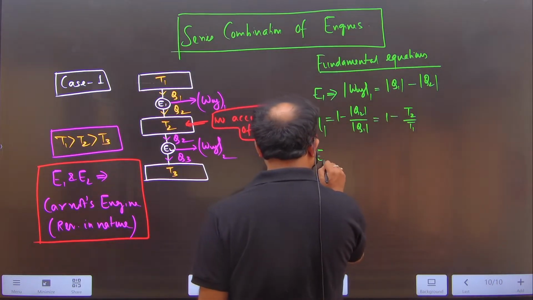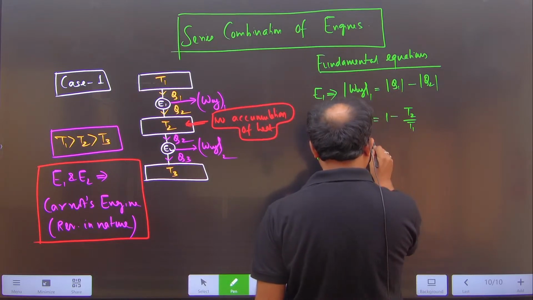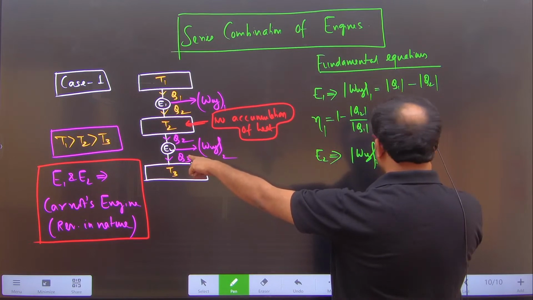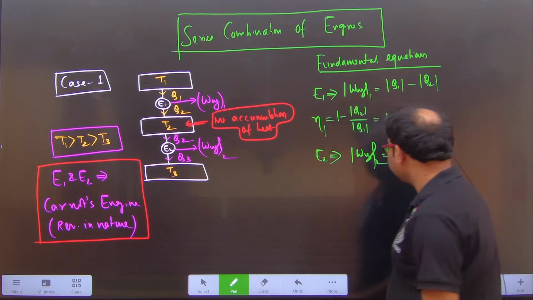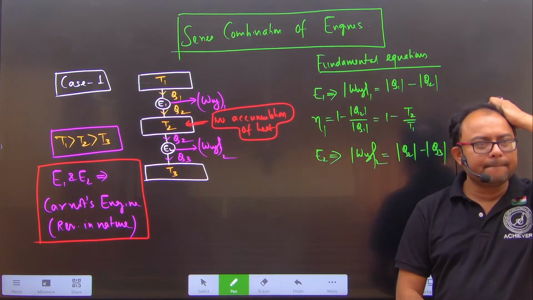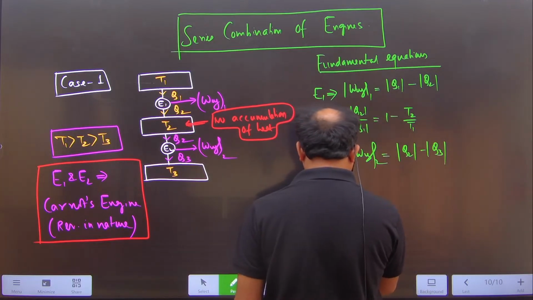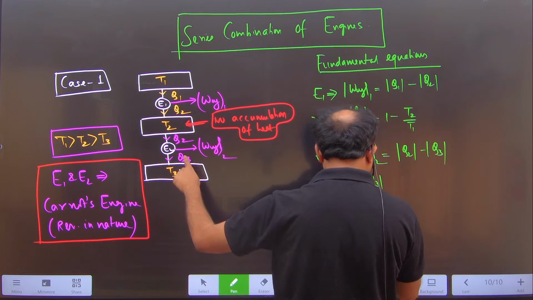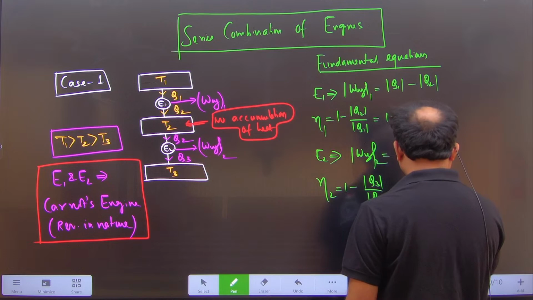And for E2 you have got mod W cyclic 2 equal to mod Q2 minus mod Q3. And you have got eta 2 equal to 1 minus mod Q3 by mod Q2, equal to 1 minus T3 by T2.